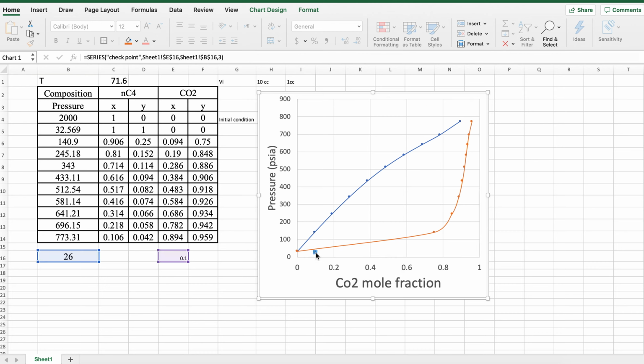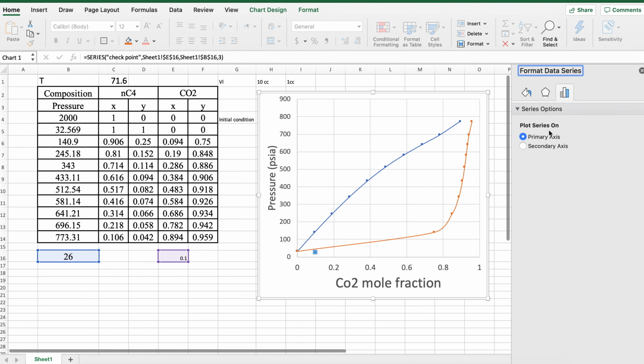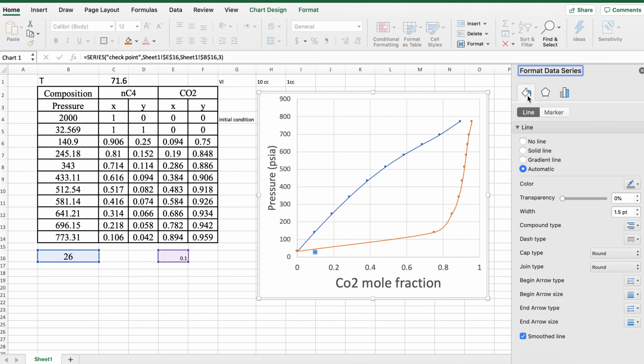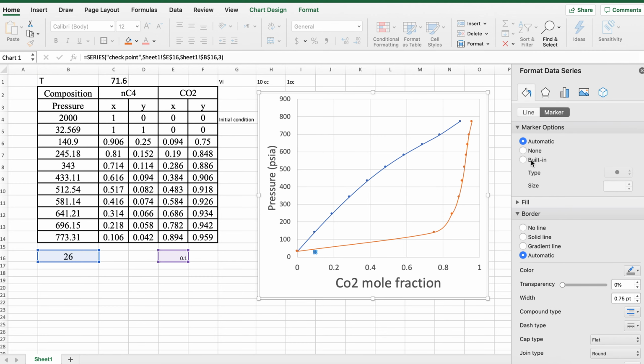Okay, so this is the point that we are going to build.